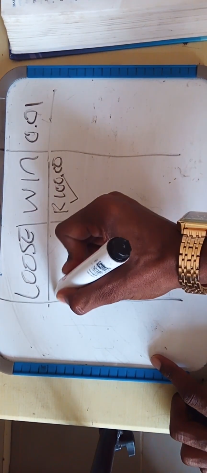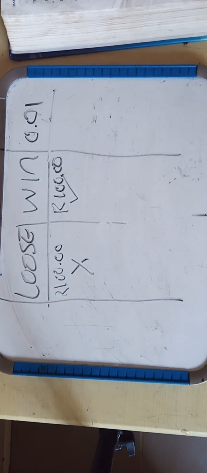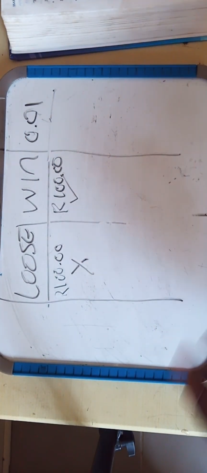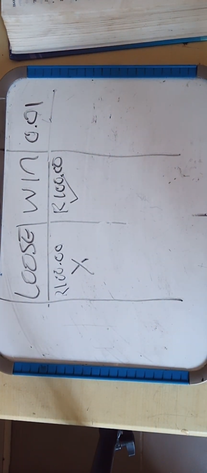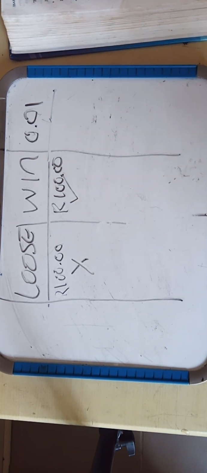The same thing must play in your mind. Once you open a position or once you open a trade, if your target is 100 rand, always remember that you might lose that 100 rand if the market is going in the opposite direction.